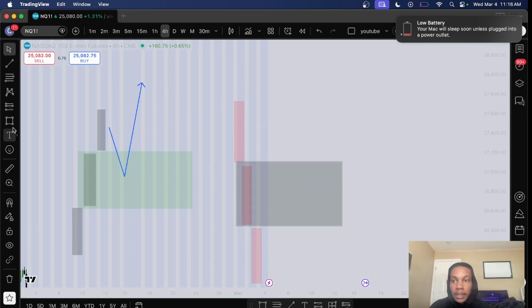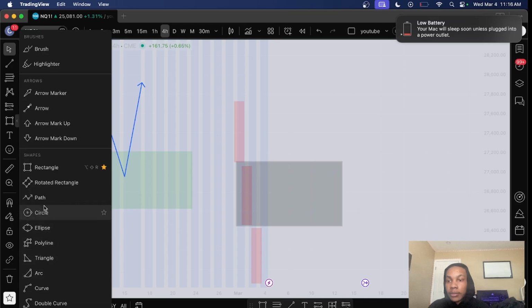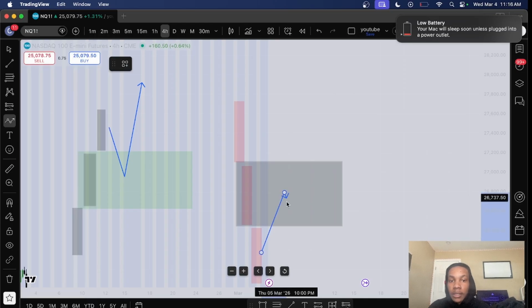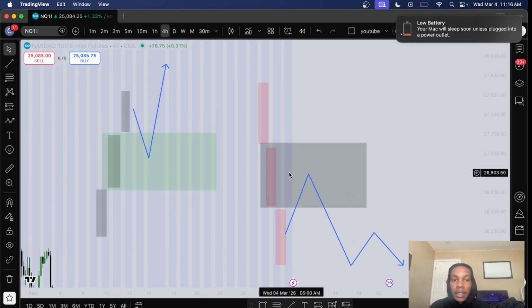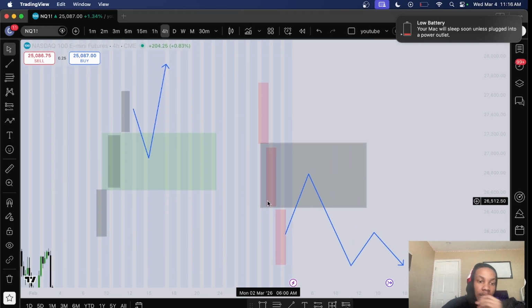So we have the imbalance, we might rebalance back into it and continue into the trend that we were going. This is the concept of fair value gaps. It's an area in which we bounce off of and continue into trends, and essentially it keeps the market going. That's it.